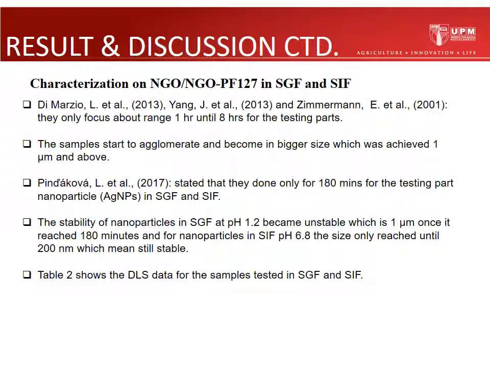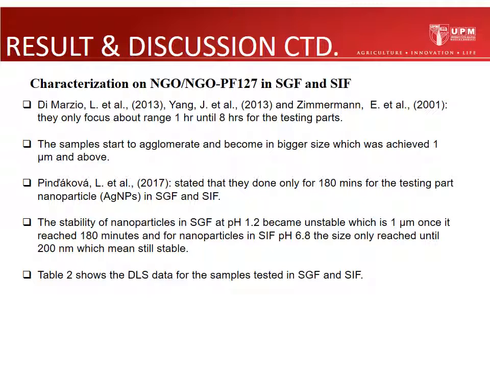According to another journal, they did only 180 minutes of testing, using Ag nanoparticle in SGF and SIF, because in SGF with pH 1.2 it became unstable, reaching 1 micrometer once it reached 180 minutes, while the nanoparticle in SIF, which is pH 6.8, only reached 200 nanometer, which means still stable.